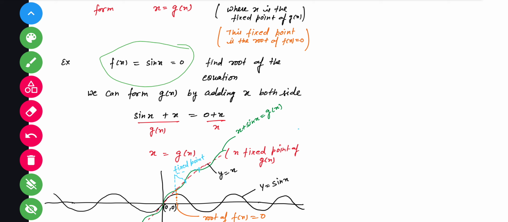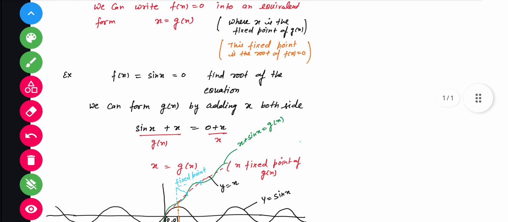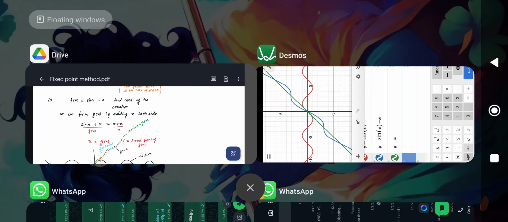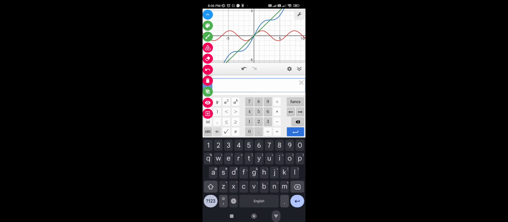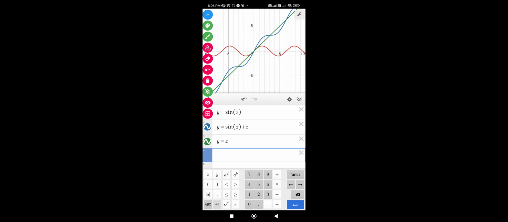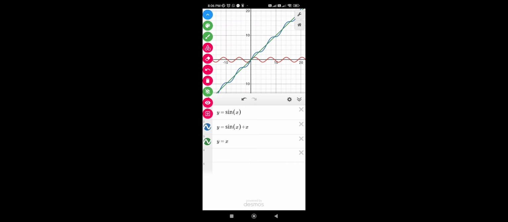Now I would like to show you in Desmos. So this is the function, y is equal to sine x. This is the y equal to sine x graph.